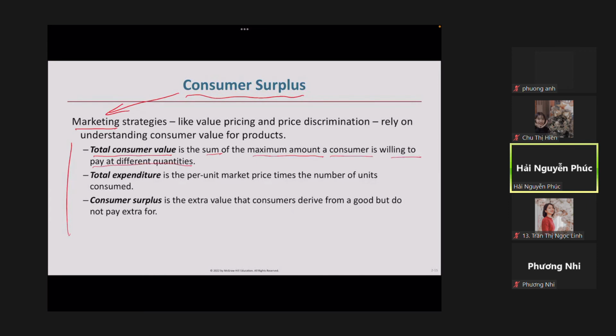So let me give you a personal example, right? Suppose you value an iPhone 13 at 25 million Vietnam dong, right?